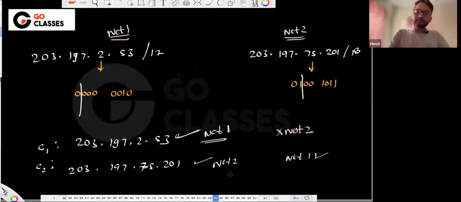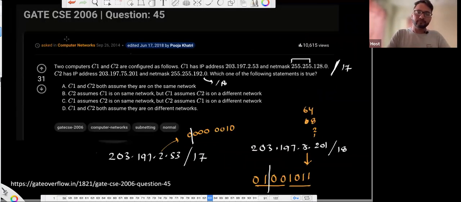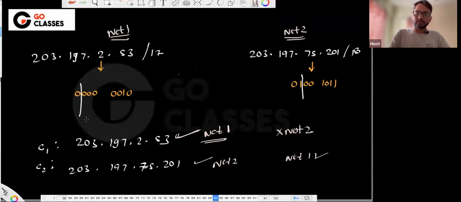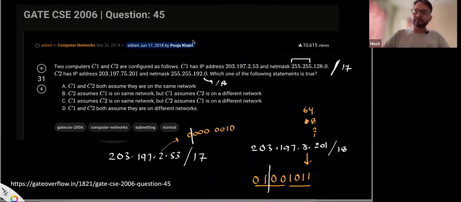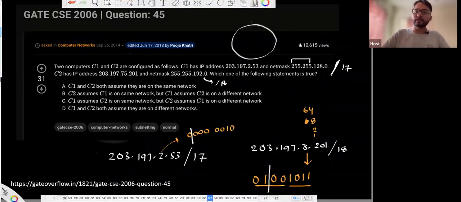So what should be the answer? C2 belongs to both networks and C1 belongs to just one network. Diagrammatically, let's suppose this is your network 1, the whole network.